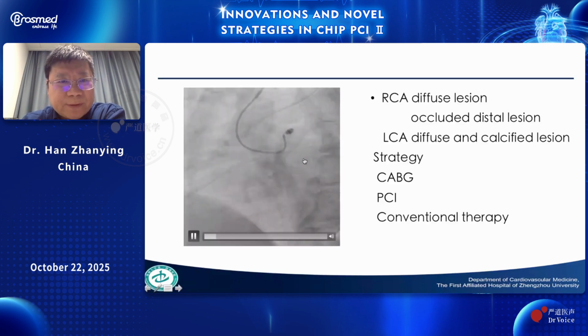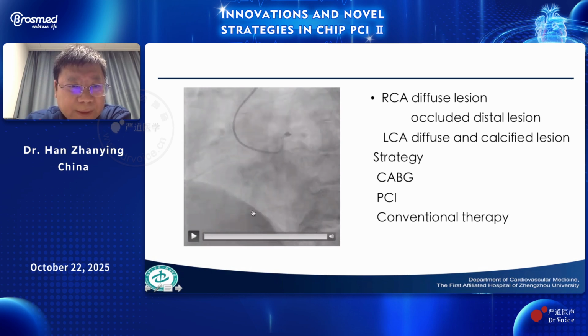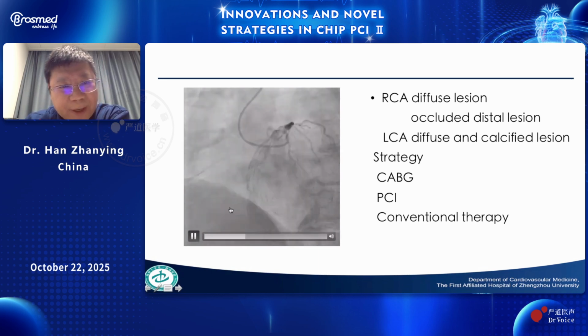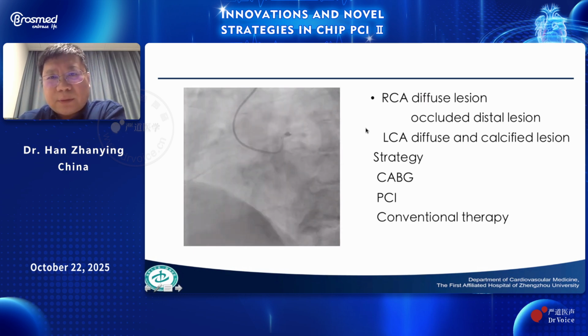From the left coronary artery, the collaterals supply the right to the PLA here. So the RCA shows diffuse lesions and an occluded distal lesion for the PLA, and the LCA shows diffuse and calcified lesions.